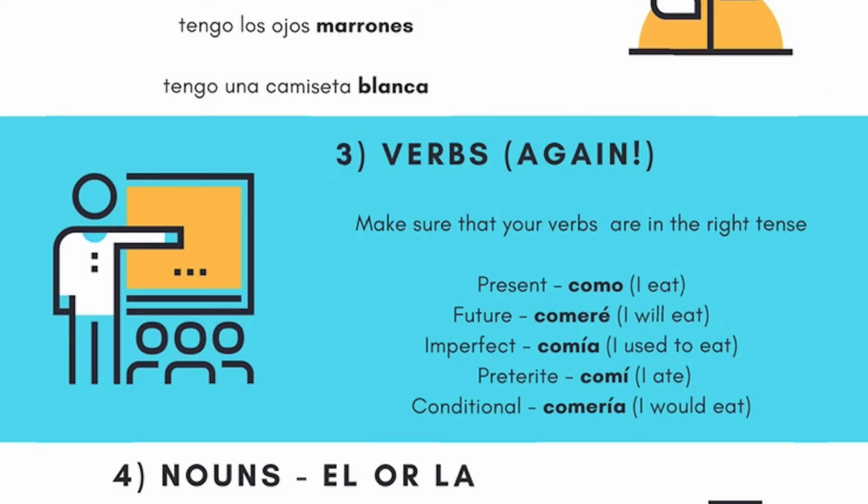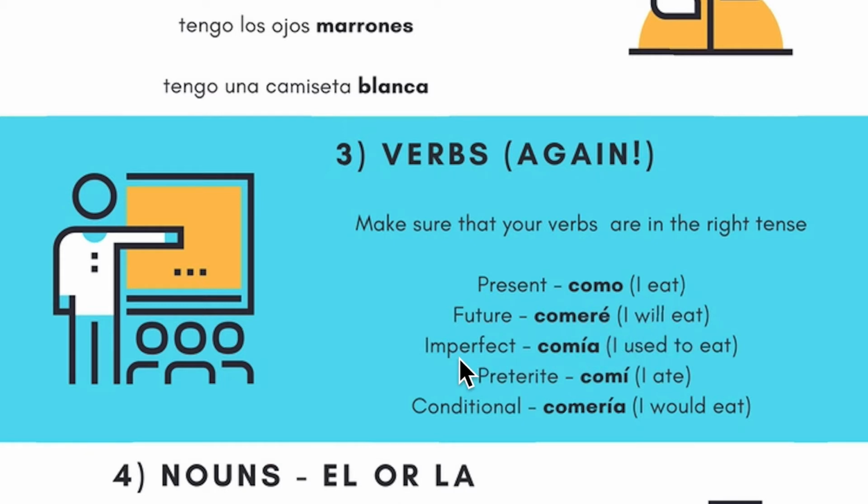Number 3, we're back to verbs again. Verbs, these doing words, make sure your verbs are in the right tense. So, are they or should they be in the present tense? And here's an example. Como means I eat. Or should it be the future? Comeré, I will eat.